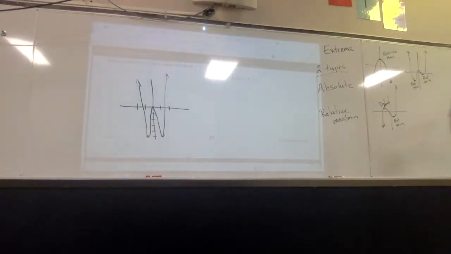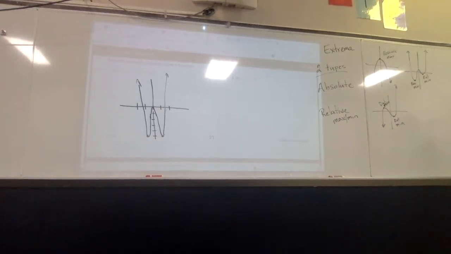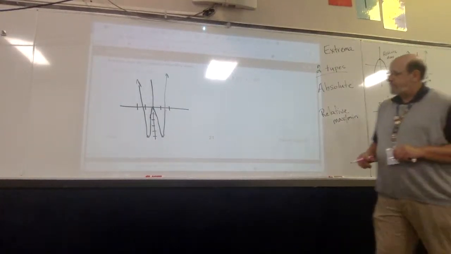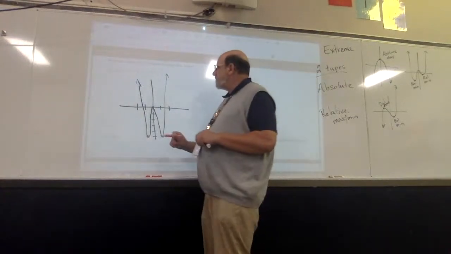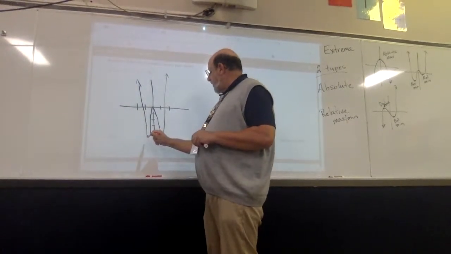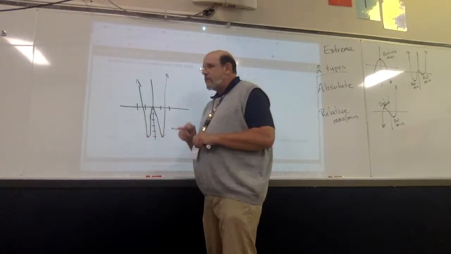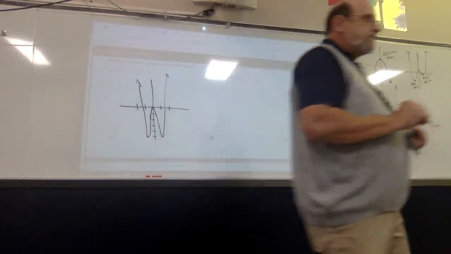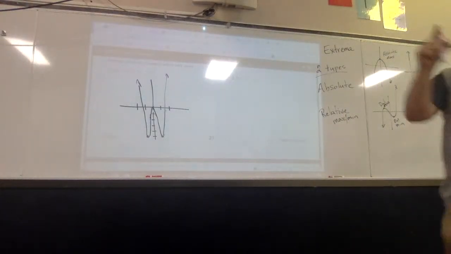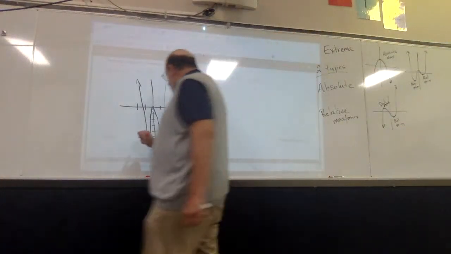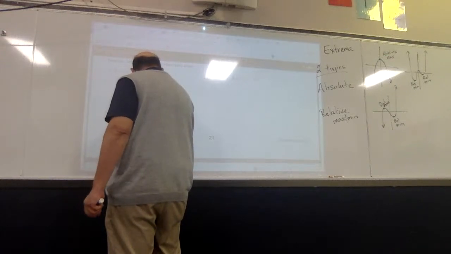If you hit second, the blue button, and graph, they'll give you a table. If you look at -1, what's the output? -5, right? So this is -1, -5.